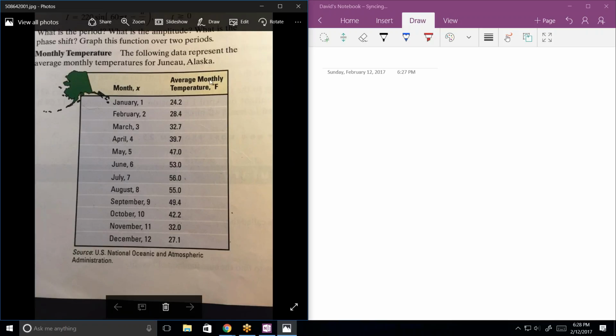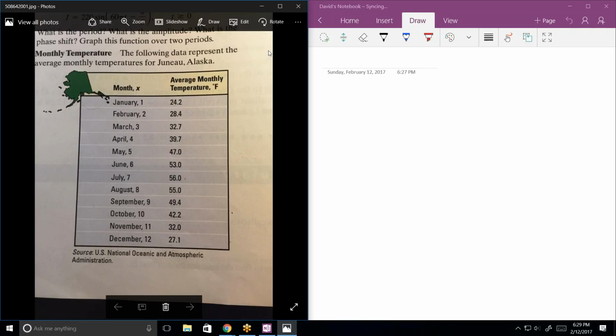But when you open up the next picture, the first one of the directions is find a sinusoidal function of the form that best fits the data by hand, rather than using the calculator function. Does the problem start here where it says monthly temperature, or does it start above? It just starts at monthly temperature.